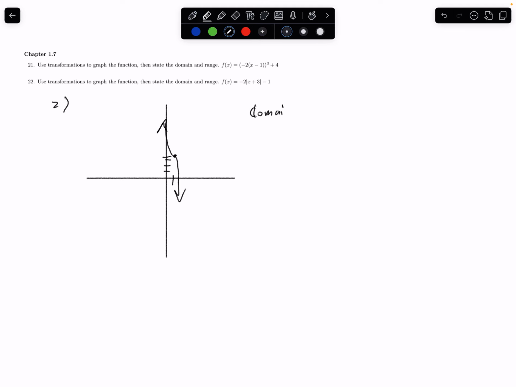Sorry, this is 21 now. Domain is going to be everything, -infinity to +infinity. And similarly, the range also is everything, because I can go as far up as I want and as far down as I want. So the range is also -infinity to +infinity. Okay, domain and range both -infinity to +infinity.